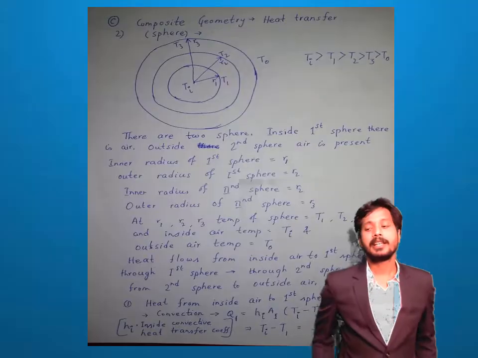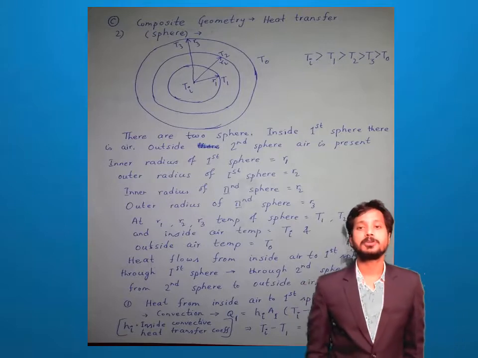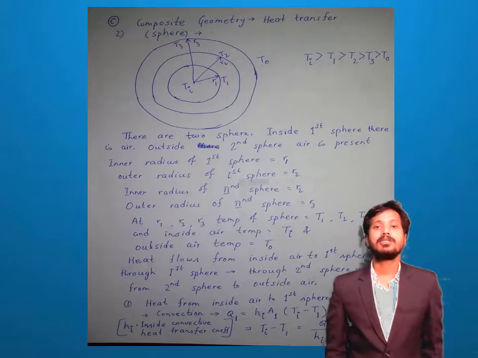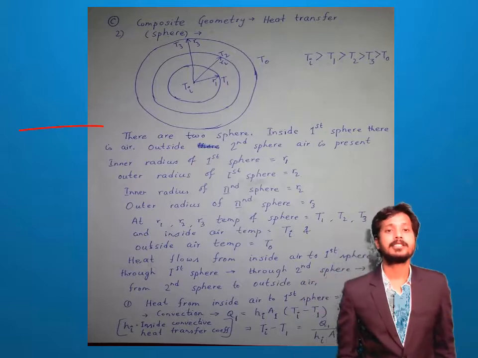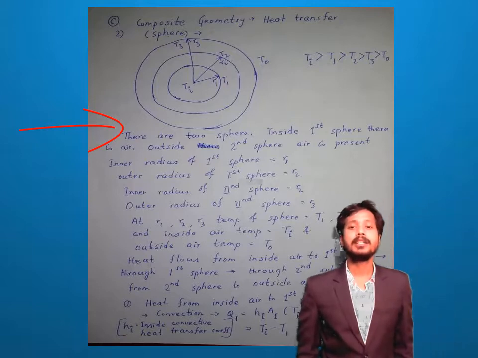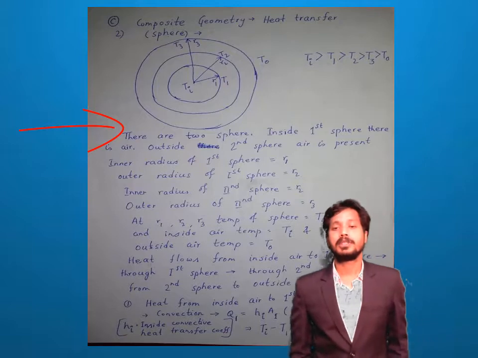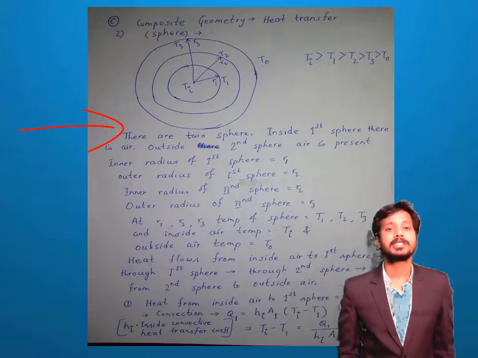So there are two spheres available. Inside the first sphere there is air and outside the second sphere air is present. The inner radius of the first sphere is R1, its outer radius is R2.